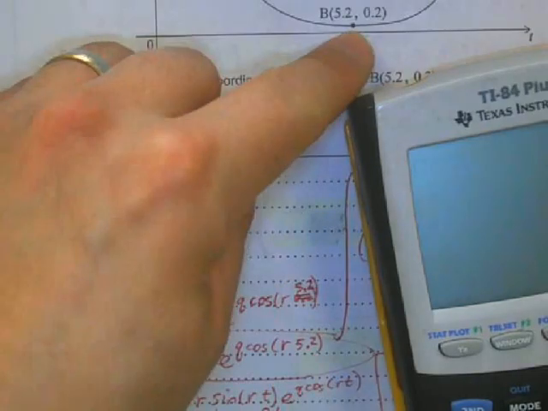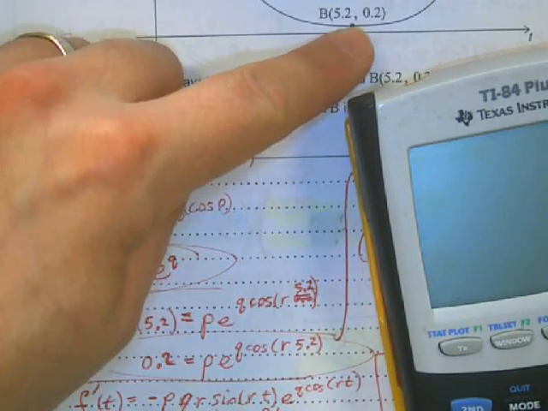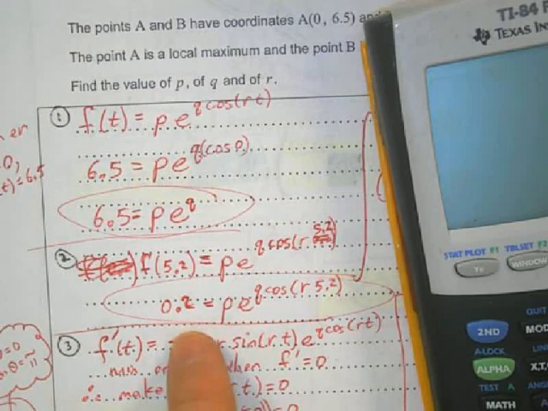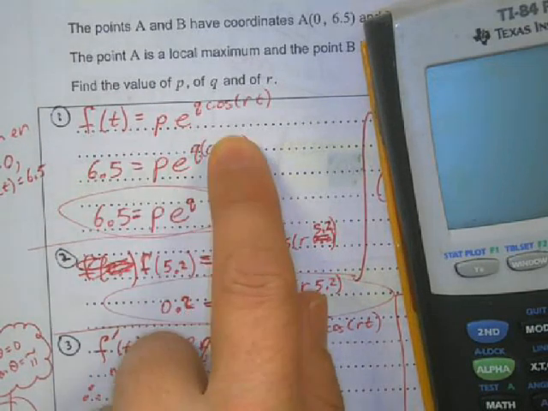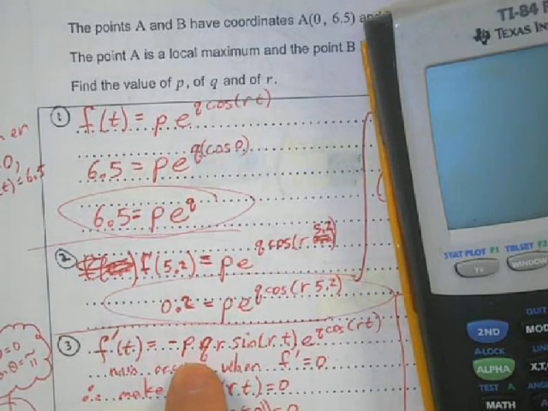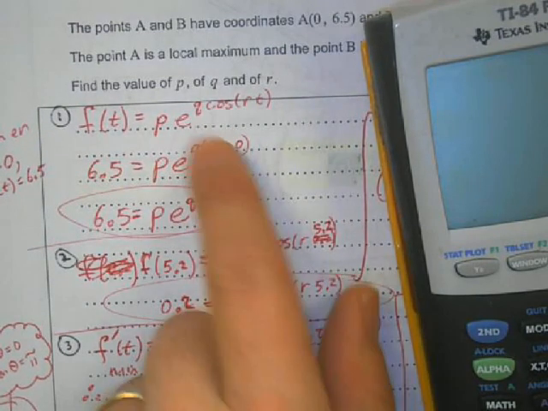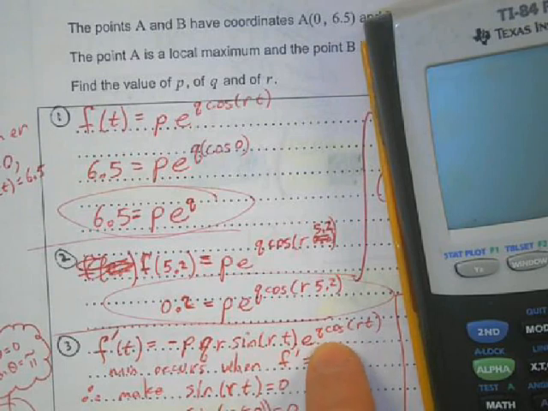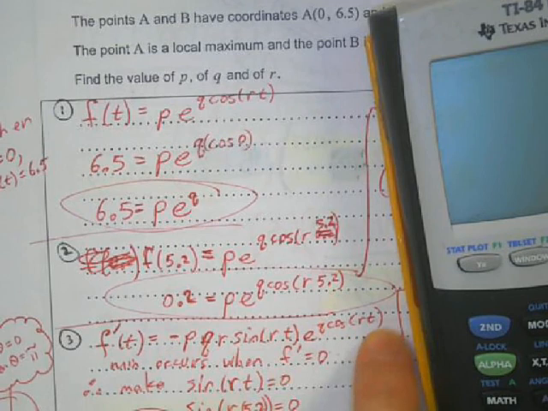We know that this is a minimum, right? So let's take the derivative of my function here. The derivative of this function is going to give me negative p q r sine rt times e to the power of q cosine rt. Okay, so there is my derivative.